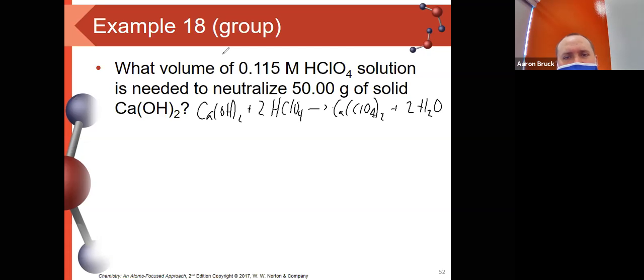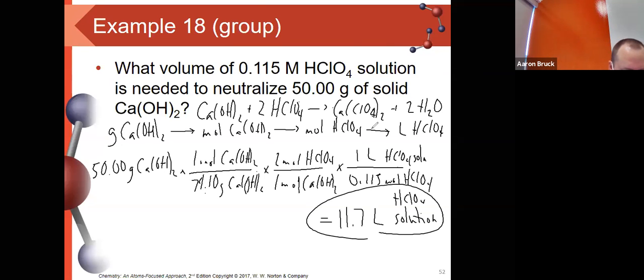So this will be our last problem. Anytime we get into solution-based stoichiometry, the problems are going to be more difficult than titration. The idea of organization is really what's important here. If you can get yourself organized, you can go a long way to making sure that you got the right thing. So recognizing that you're starting with a mass of calcium hydroxide, I can turn that mass into moles.